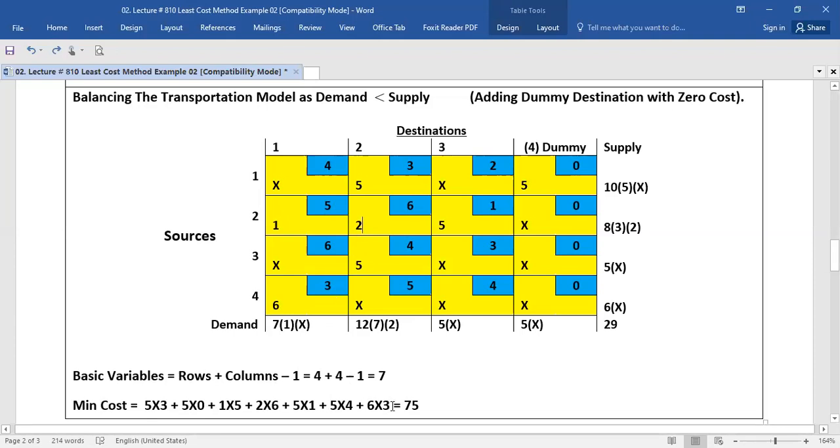The result is 75. As you know that when we solved this problem with the help of NWCR, the result was 105. So you can compare the answers easily and see the difference.